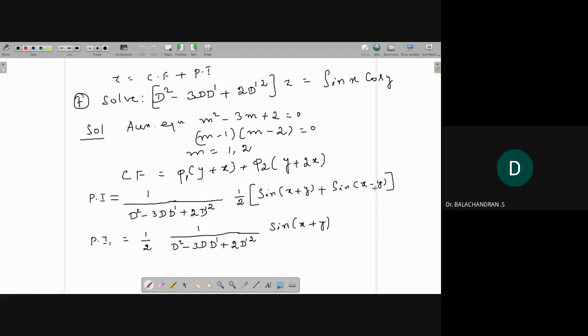Okay. So first we will consider PI1, that is equal to 1 by 2, 1 by d square minus 3 d d dash plus 2 d dash square into sin of x plus y. So we need to replace d square by minus a square, d dash square by minus b square.